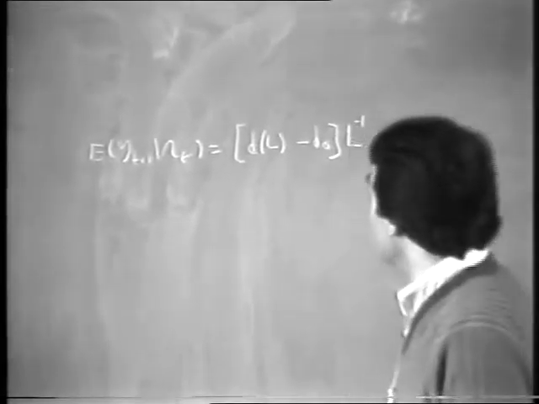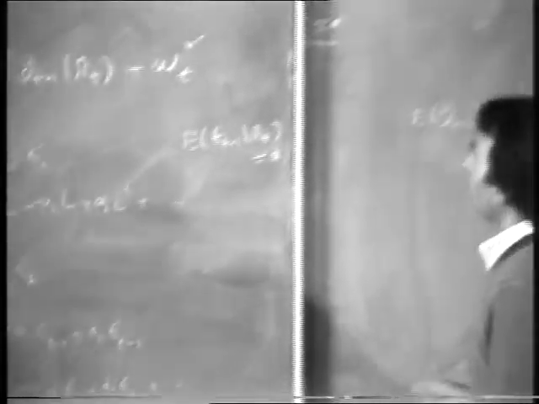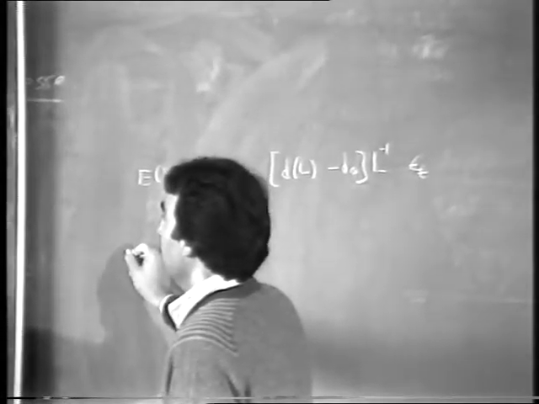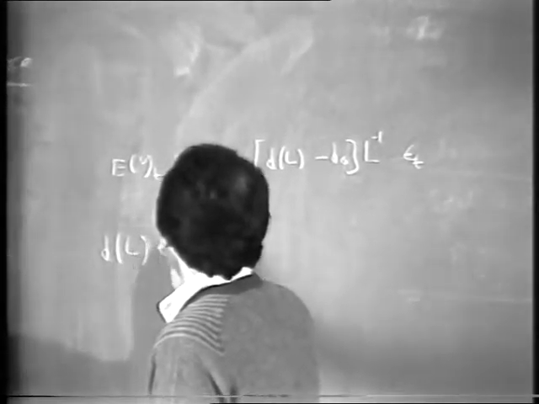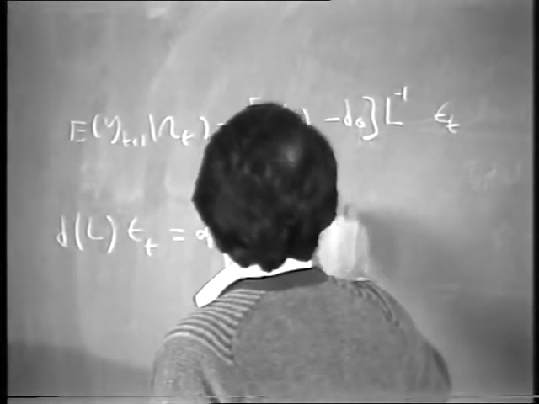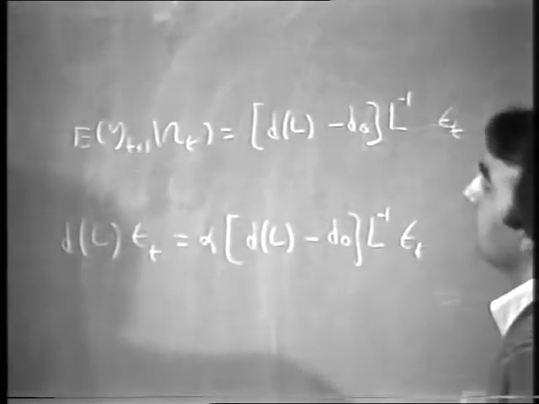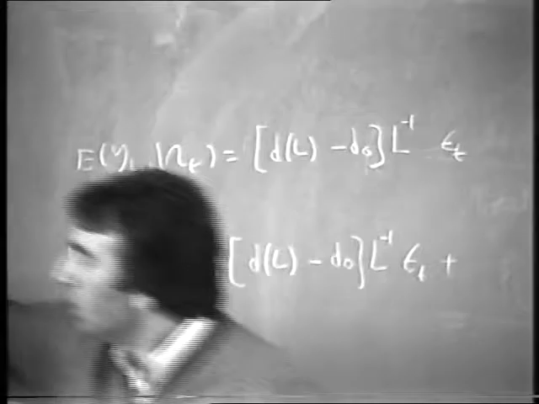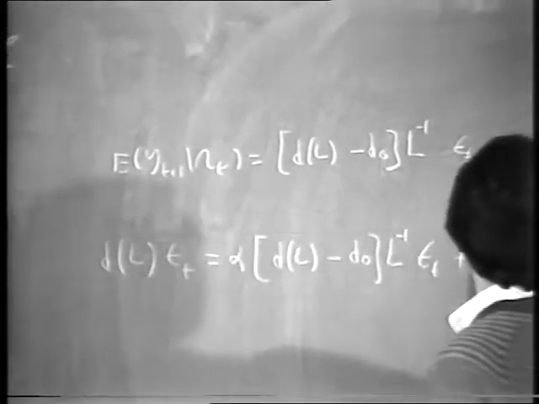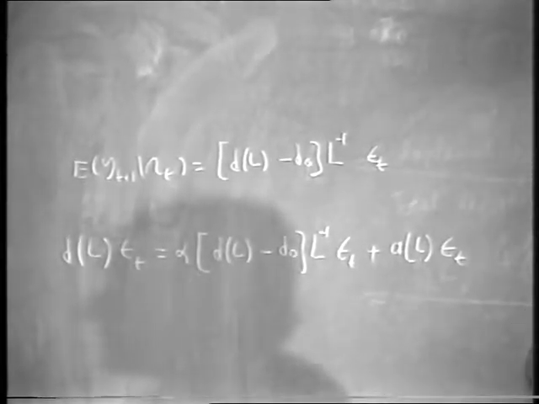Now, if we replace this together with what y is back in here, and also replace wt in there, we get an equation which looks like this, which is equal to alpha times d(L) minus d naught L minus 1 epsilon t plus, now wt is also a stationary process, assumed to be equal to A(L) epsilon t.